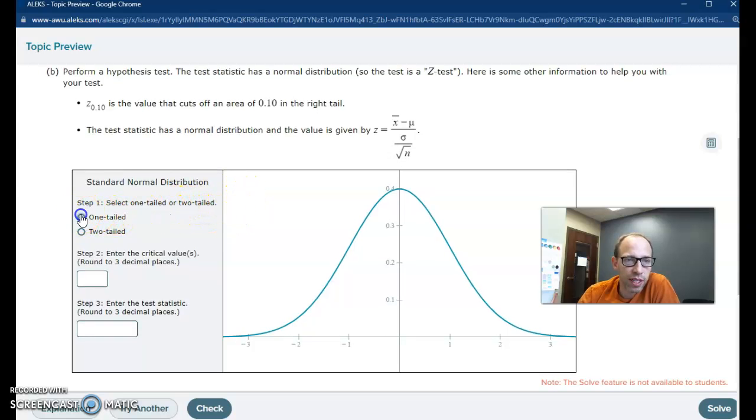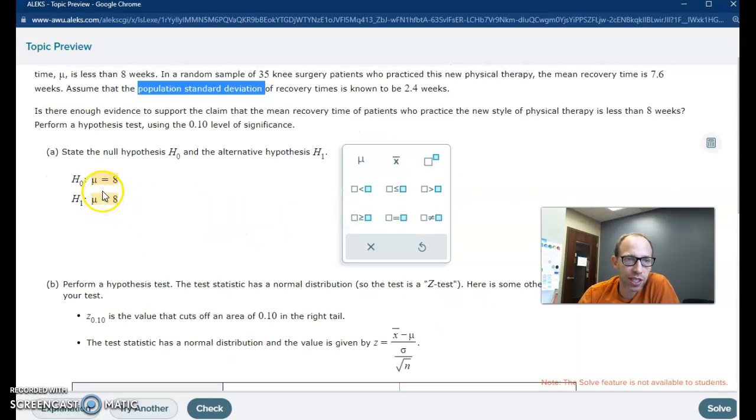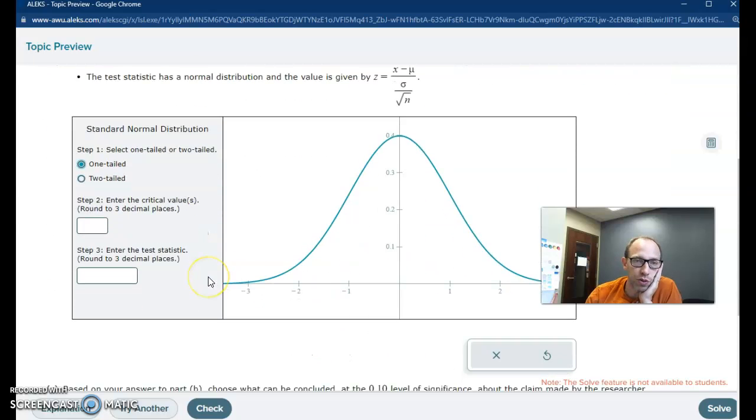Okay, so it's one-tailed. This is matching this less than. Another option would be greater than. That would also be one-tailed. Another option is not equal to. That would be a two-tail. We could reject because it's low, or we could reject because it's high. But we just have one.